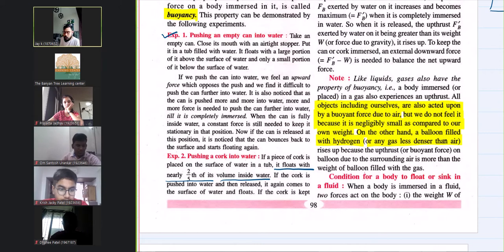So, 2 parts out of 5 parts of its volume are inside, and 3 parts out of 5 parts are outside. It is clearly floating, with the majority of its volume outside. But now, if you want to push it inside, you have to exert force on it. Why? Because water is exerting upthrust on it.